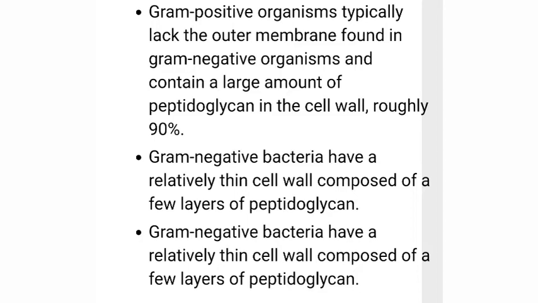In gram-positive bacteria, the cell wall is very thick and 90% of this cell wall is composed of peptidoglycan. Compared to gram-positive organisms, gram-negative organisms contain a thin cell wall composed of a few layers of peptidoglycan.